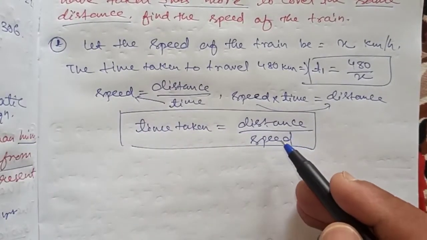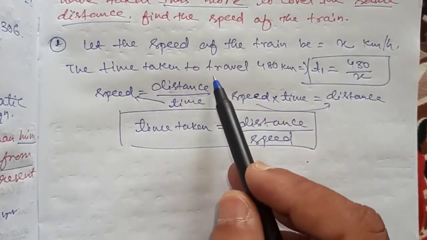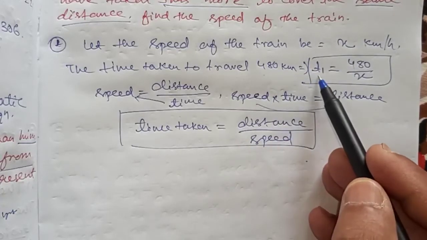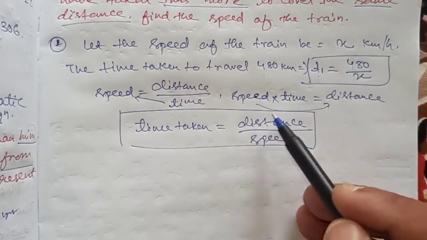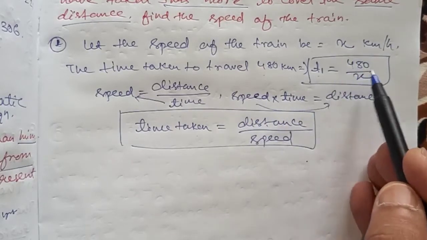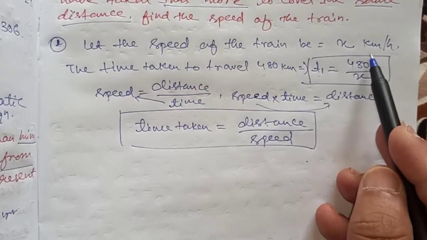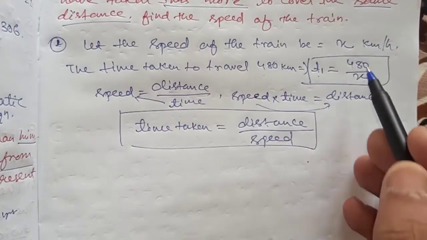In the same way I have written here the time taken to travel 480 km, this much is the distance, that is T1. In place of distance I wrote 480, and in place of speed I wrote x kilometer per hour. This is the first situation.